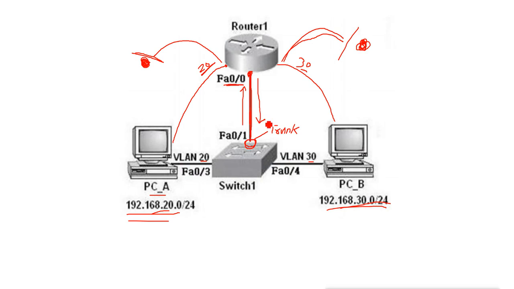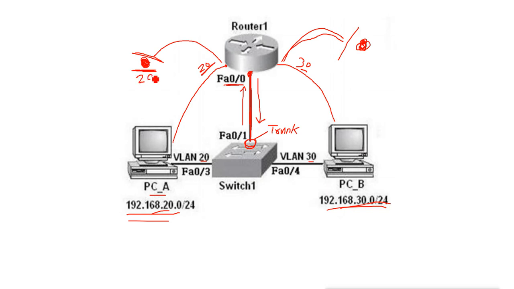For that we have to configure the router. That means we have to configure the router to tag the VLANs, on these logical interfaces of the router. We will configure that if any data comes or goes on this logical interface, it should be tagged with VLAN ID 20.